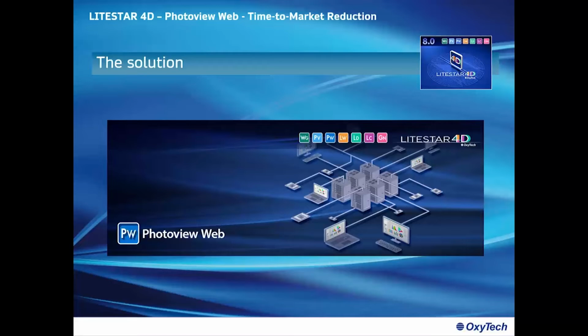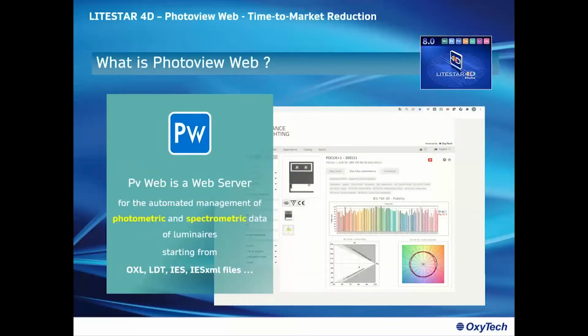Photoview Web is the system capable of performing all the management of data I introduced up to now. What is Photoview Web? Photoview Web is simply a web server for the automated management of photometric and spectrometric data of luminaires starting from the set of files that I have already introduced.